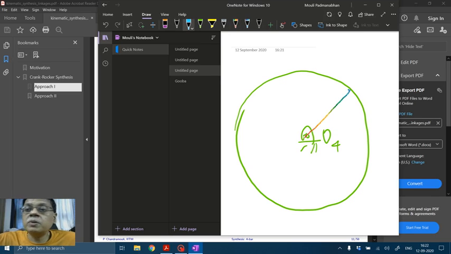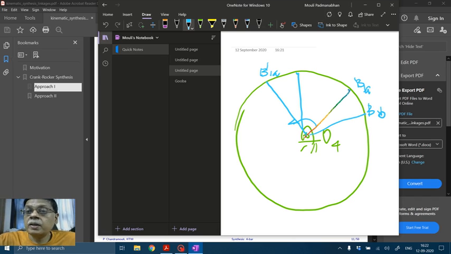Let me choose a blue color. And so 70 degrees from here, so this is my B1, and this will be my, say, B1A, I'll call it. So this is one choice. I could have another choice which is like this, and therefore it will come somewhere here. So this is B1B, and I could have a B1 prime B, and so on.